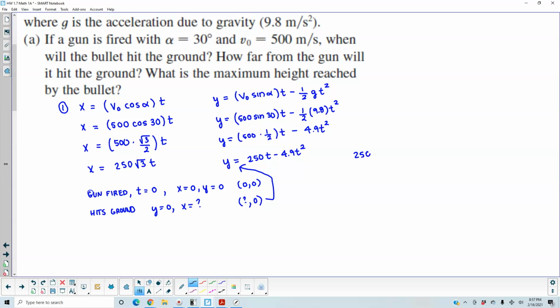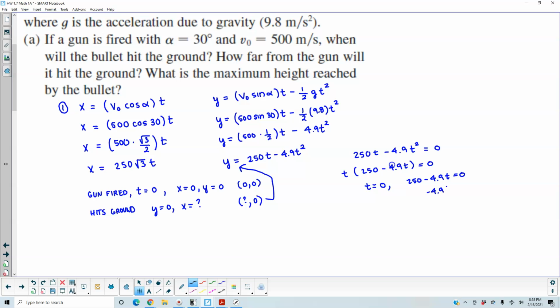So we have 250 t minus 4.9 t squared, and then we're going to set that equal to 0. So we can factor out a t, and what's left is 250 minus 4.9 t, and set that equal to 0. So we have one solution where t is equal to 0, and then another one where 250 minus 4.9 t is equal to 0.